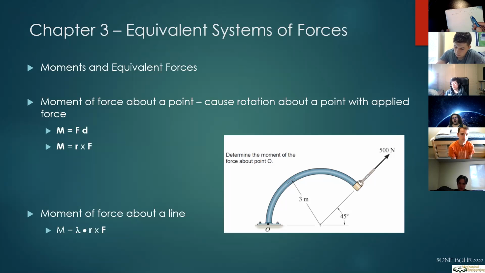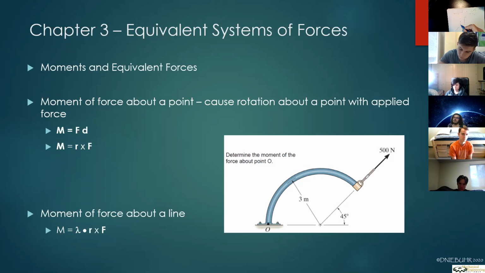Now, when we get to 3D, it gets a little more complicated because in 3D, it's harder to visualize and it's harder to draw. So generally what we'll do in 3 dimensions is, say you have a force like this in space, F, and we want to know the moment about this point O here.